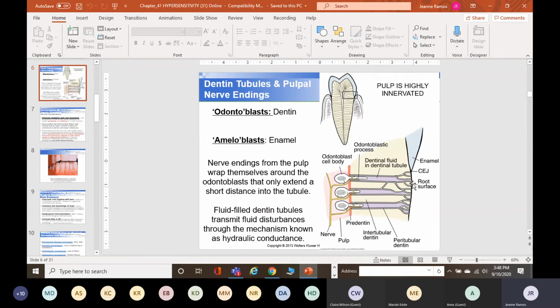It's actually kind of smearing that, and it's called a smear, and it's a protection. You can protect the root surface, and then cementum is over that. And so we're hoping that that is protective.